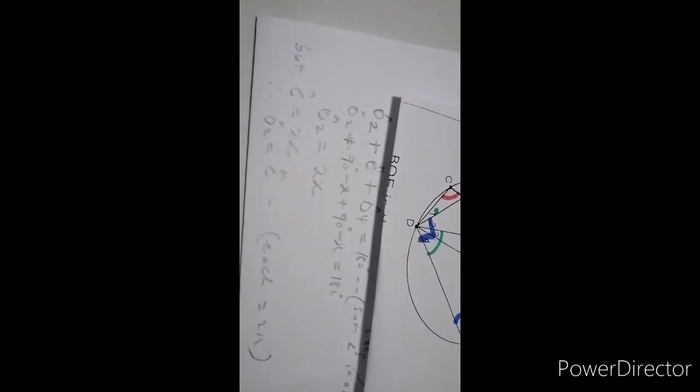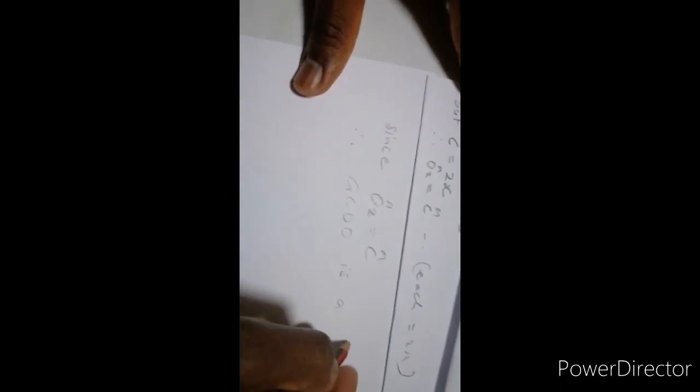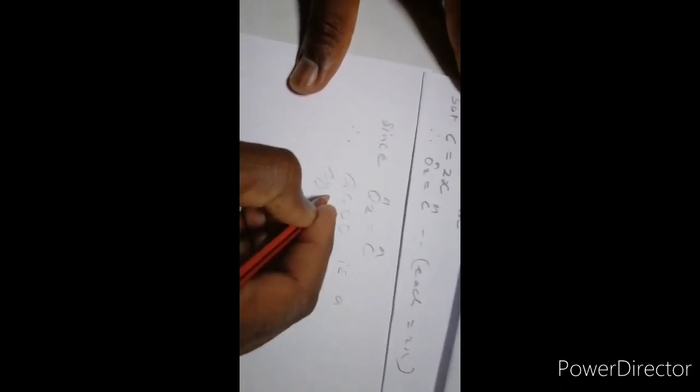Then now we can conclude by saying, since O2 is equal to angle C, therefore GCDO is a cyclic quadrilateral.